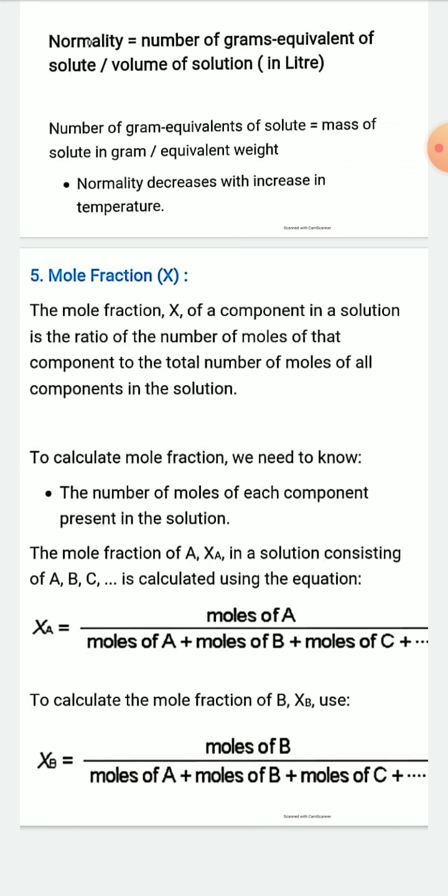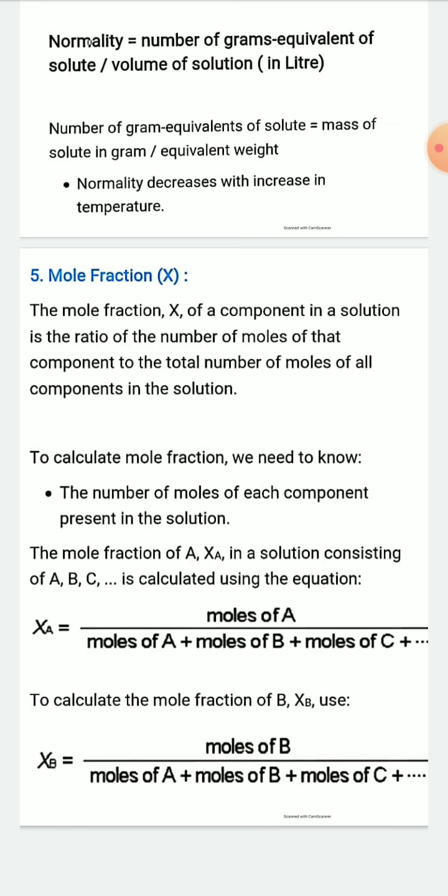For example, suppose a solution contains solutes A, B, C. How to calculate the mole fraction of solute A?